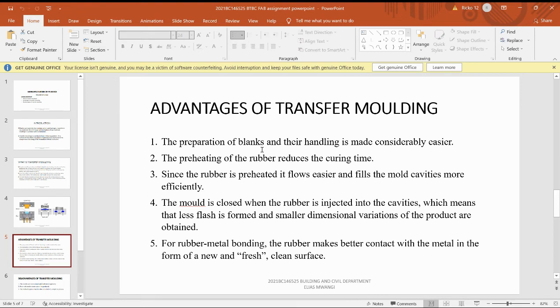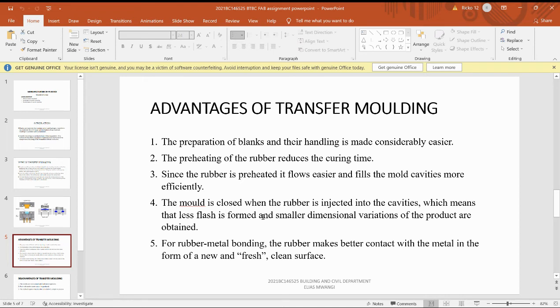Number one, the preparation of blanks and their handling is made easier. Number two, the preheating of the rubber reduces the curing time. Number three, since the rubber is preheated, it flows easier and fills the mold cavities more efficiently. We've understood that the rubber is preheated, which makes it flow easily; it's not just forced into the cavities.